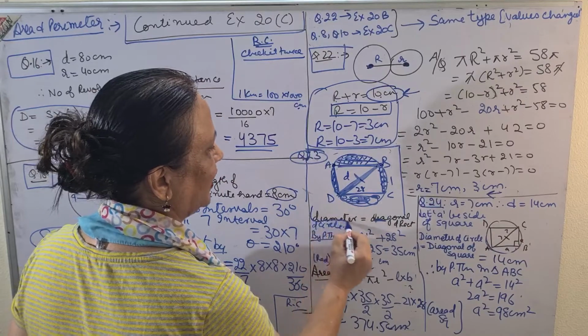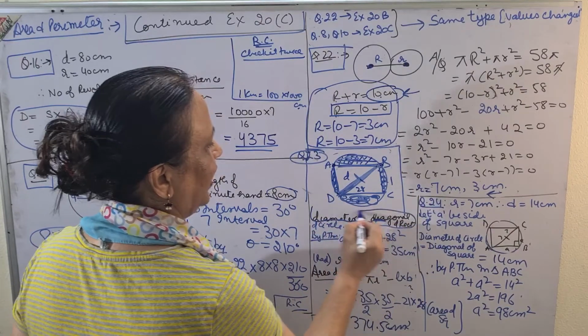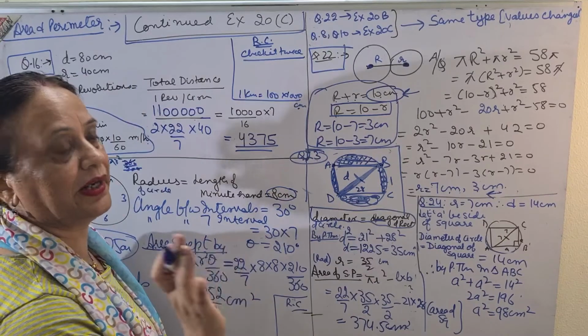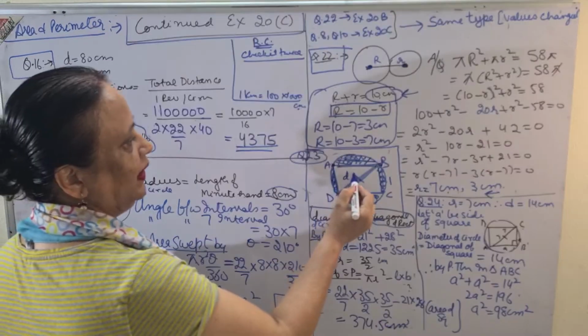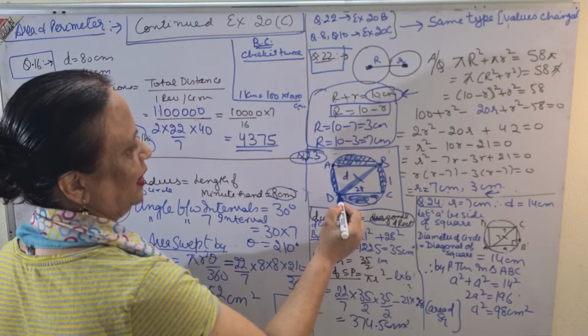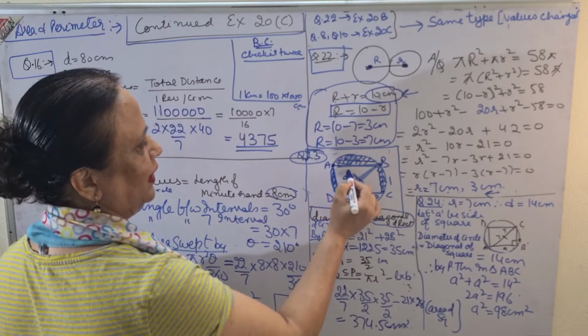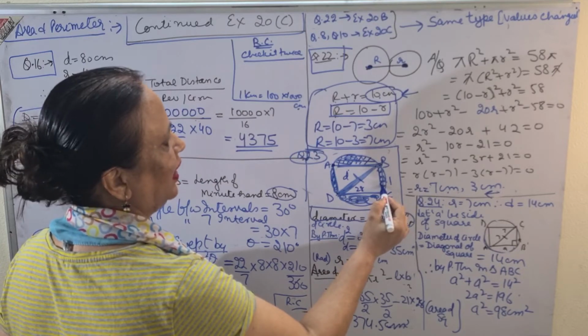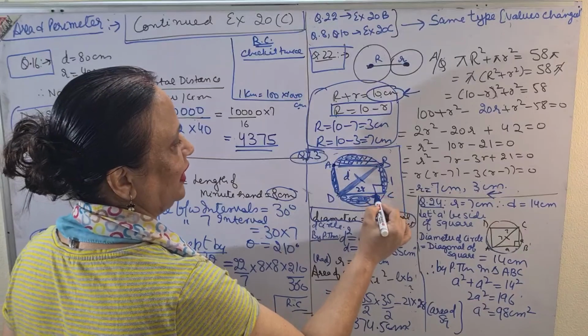You have to write this, it carries marks. Diameter of the circle is equal to diagonal of the rectangle. So let BD be the diagonal of the rectangle. I have denoted it by small letter d. Now you know that the angle of a rectangle is always 90 degree.